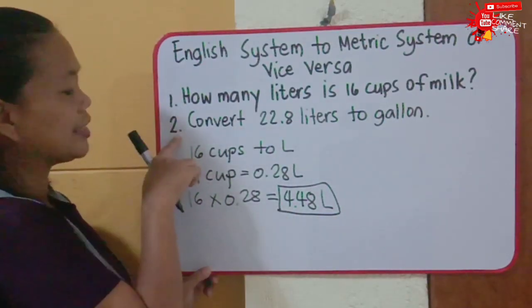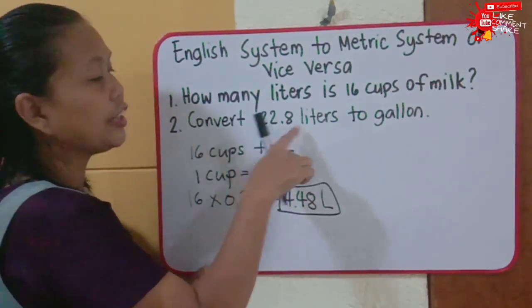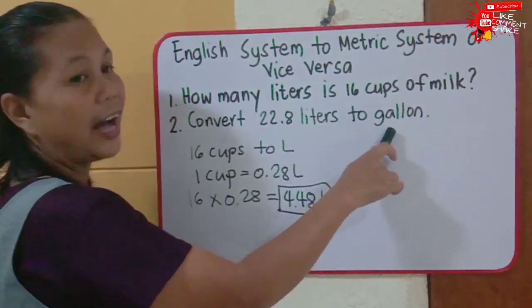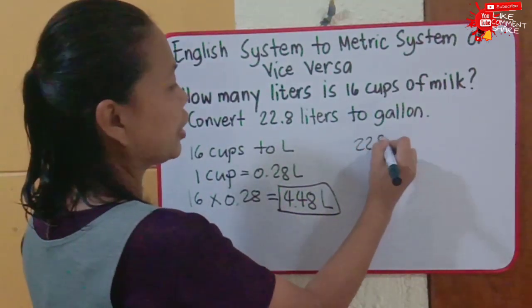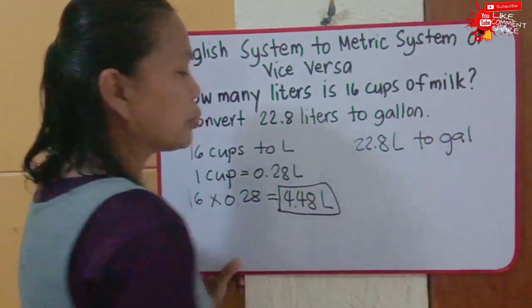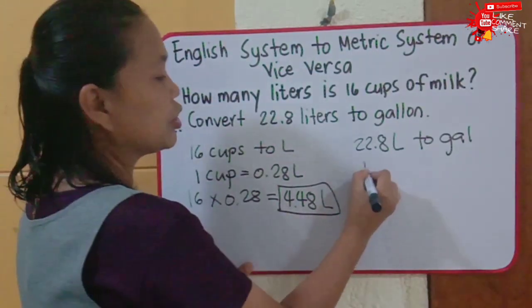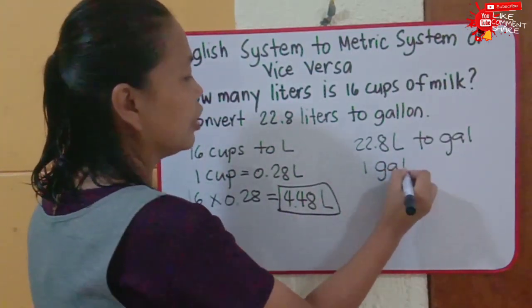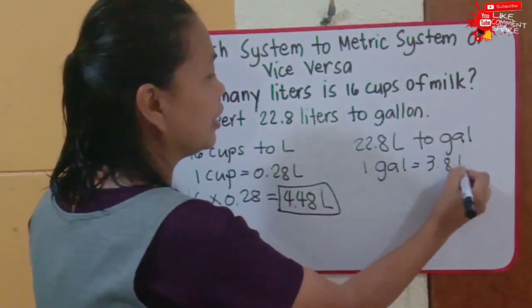Now let us have example number 2. Convert 22.8 liters to gallon. Since we have to convert liters to gallon, we may use the conversion factor 1 gallon is equal to 3.8 liters.